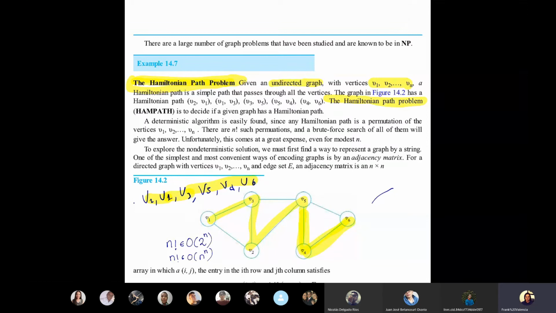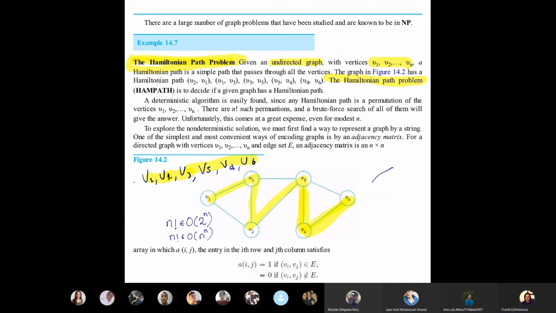NP means, especially NP complete, difficult. Here's a problem of that kind. Hamiltonian Path problem. You have an undirected graph with vertices v1, v2, vn. A Hamiltonian path is a path that passes through all vertices.